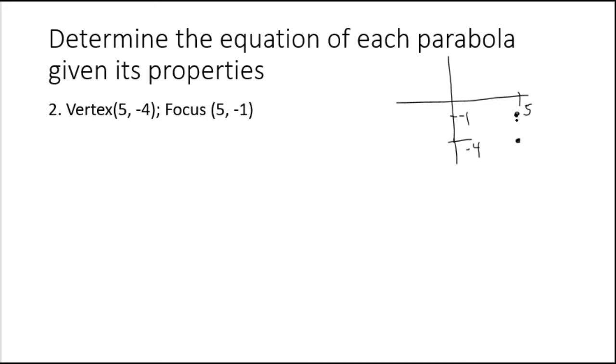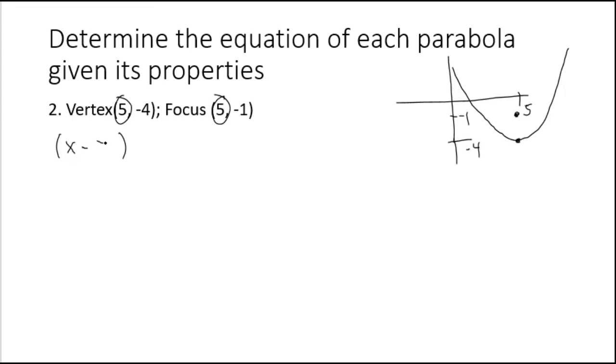Meaning, if our focus is above our vertex, then we can see that the orientation of our parabola is upward. It is upward, and we saw that our x values did not move. If that's the case, then our variable x will be located on our left-hand side.